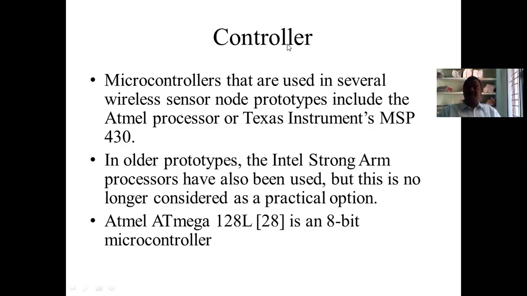I already explained the controller's purpose. Why am I preferring the controller instead of the processor? Actually, the processor is general purpose, but the controller may be used for general purposes or for a specific purpose. A processor or controller works with RAM, and the program is written in the RAM.